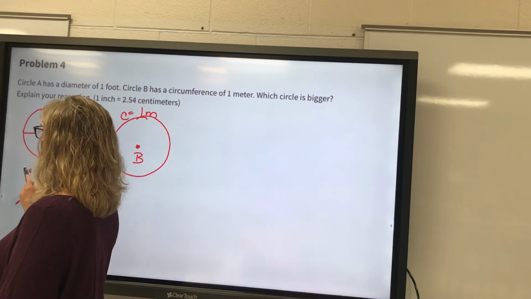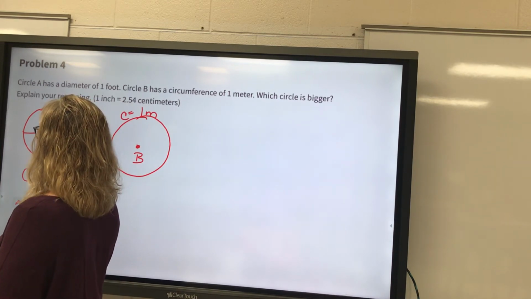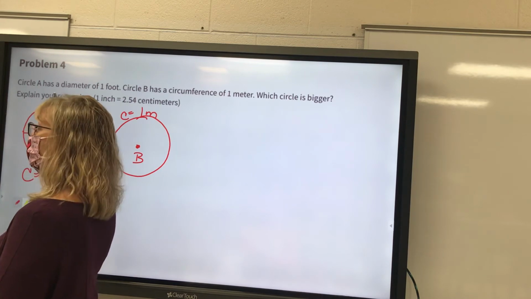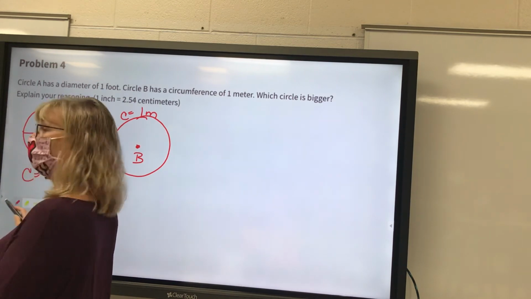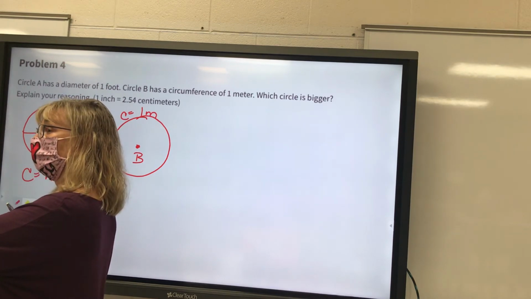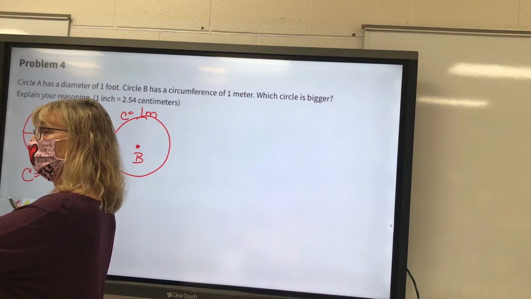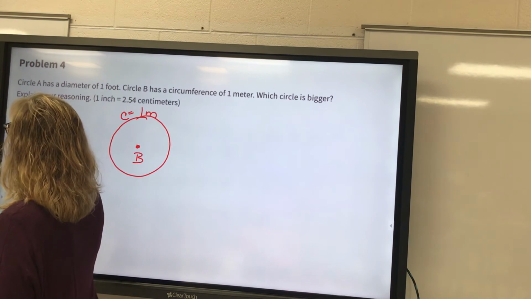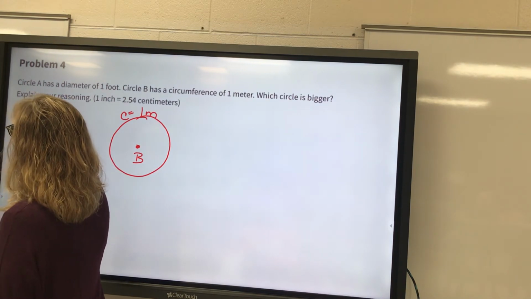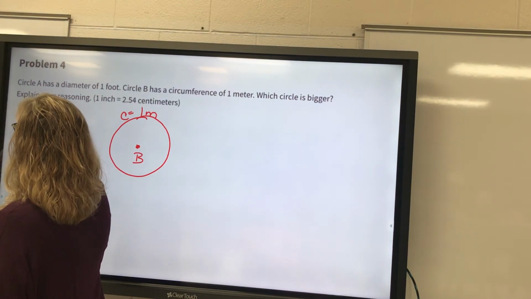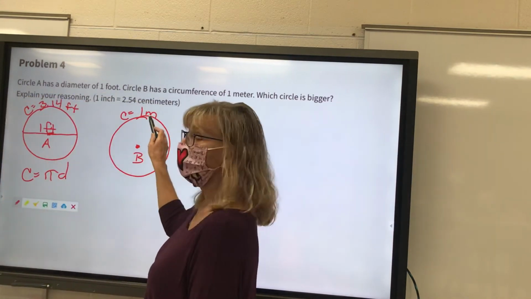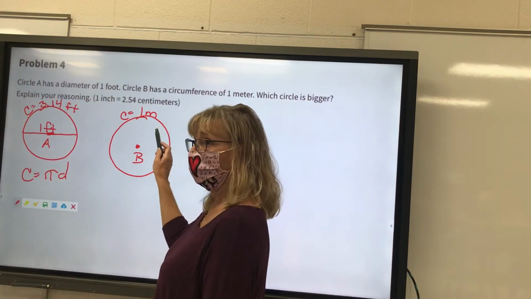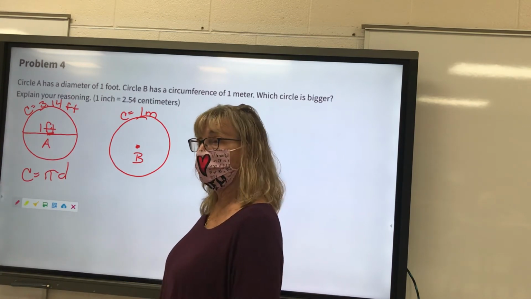Okay, so circumference equals pi d. So you're saying this is going to be 1 foot around, and you're saying no, it's going to be 3.14 feet around? Okay, so if this circumference is 3.14 feet, and this is 1 meter, how are we going to tell which one's bigger?